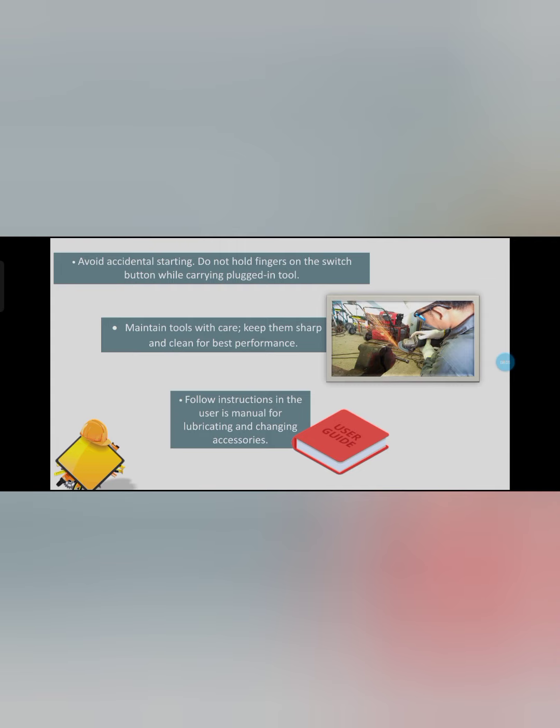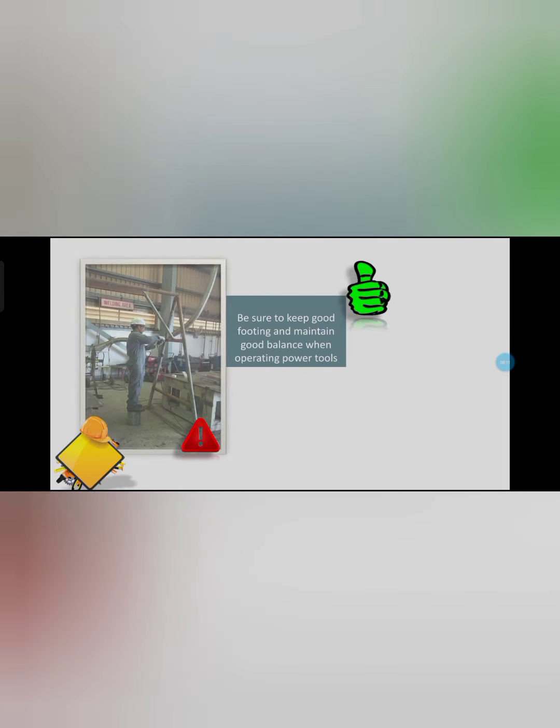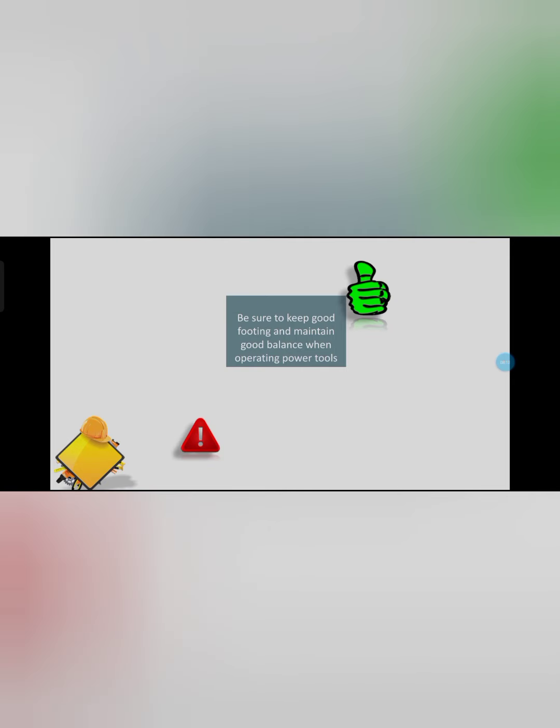Okay, go to manual. Next slide. So be sure to keep good footing and maintain good balance when operating power tools.